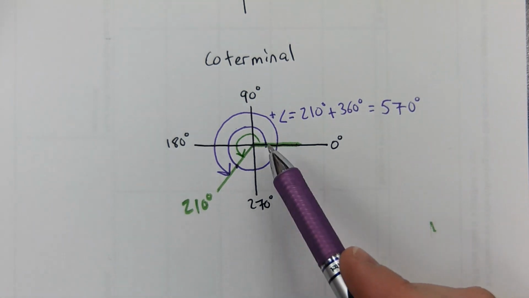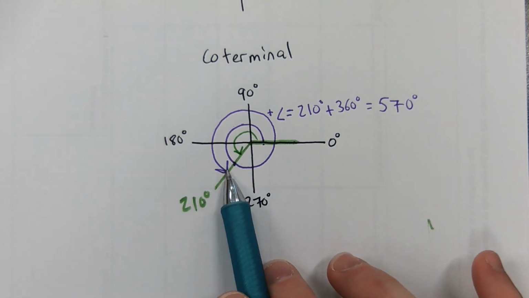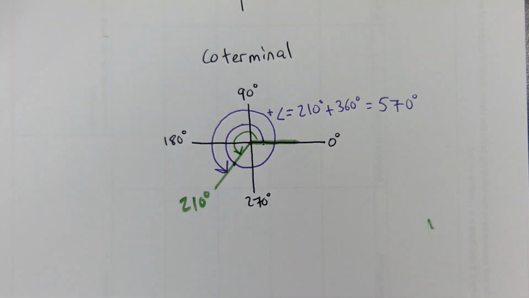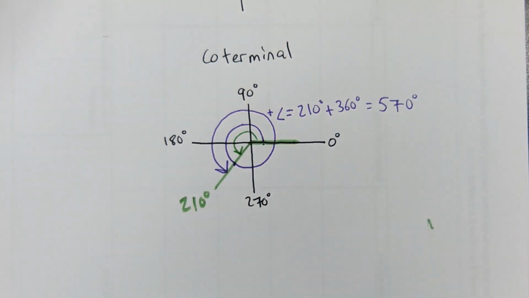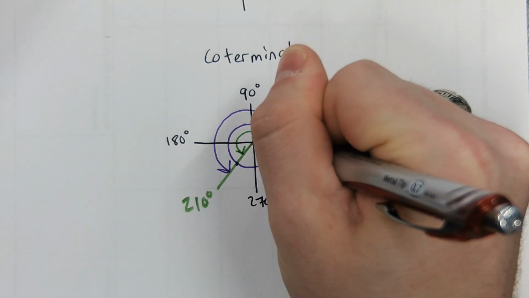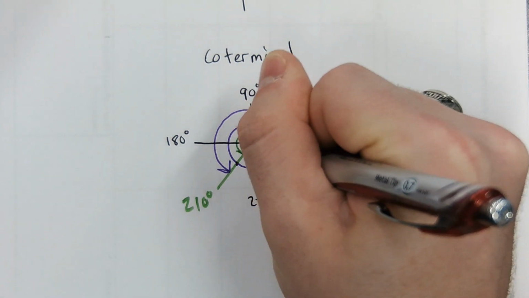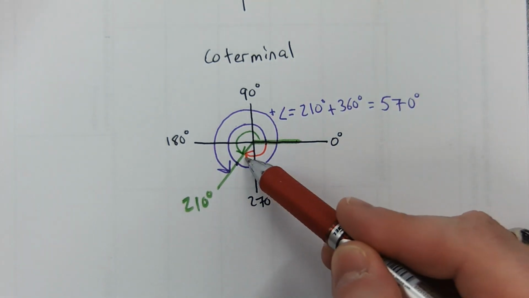Of course, I didn't have to have positive only. I could have said, well, give me a coterminal angle, meaning begin here, end here, that's negative. Then that is the shorter trip. Let's use red, it'll show up better. Beginning here and then going clockwise to there. This is really short.